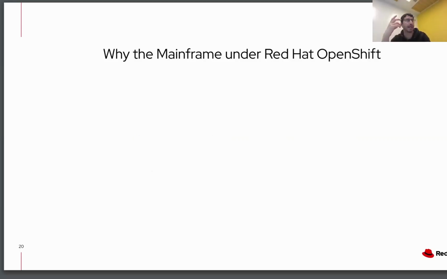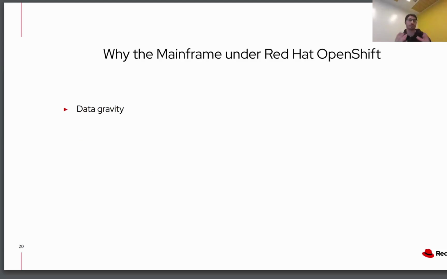And the other big question is, if everything we said makes sense, why use OpenShift, or better, run OpenShift on the mainframe and not somewhere else? And I think there are very valid reasons. One is data gravity. Every time you have to query data from a different system, obviously it will cost you time.